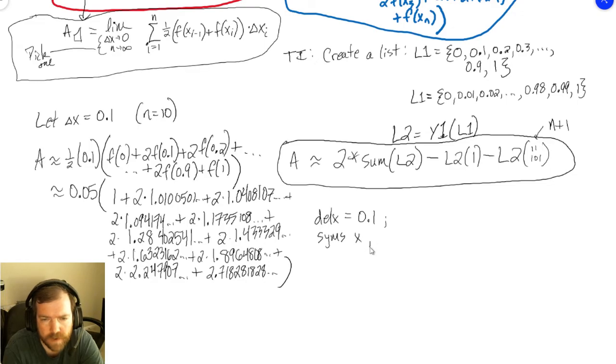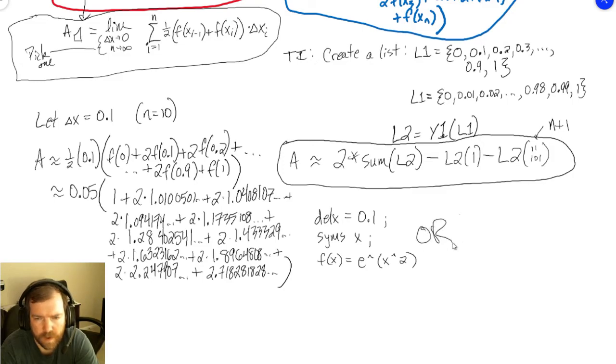Sims x, f at x equals e to the parentheses x squared, like that. We don't even need to do that necessarily, but that might be the easiest way.